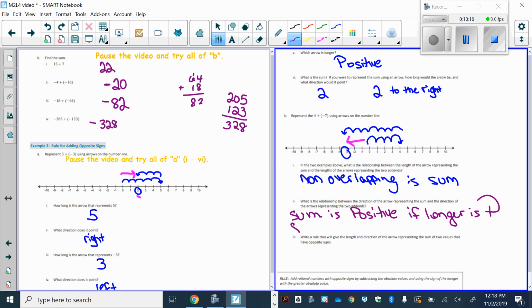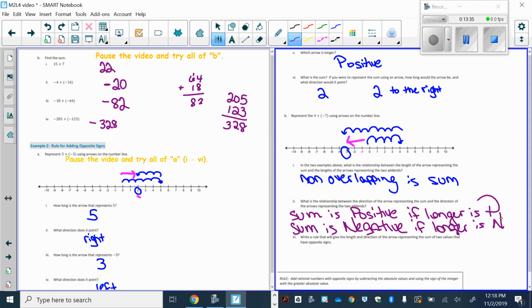So the sum is negative if the longer arrow is negative. So what will our rule be?